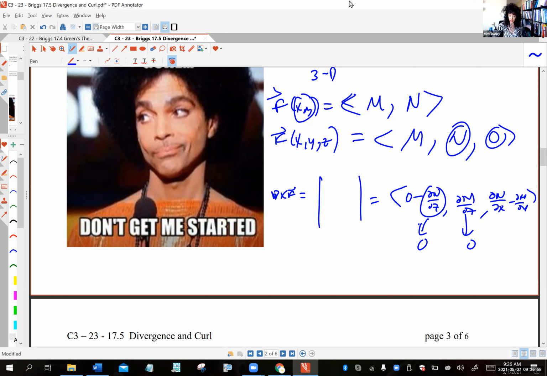So what happens is your curl of your 2D vector field ends up looking like 0, 0, dN/dx minus dM/dy.